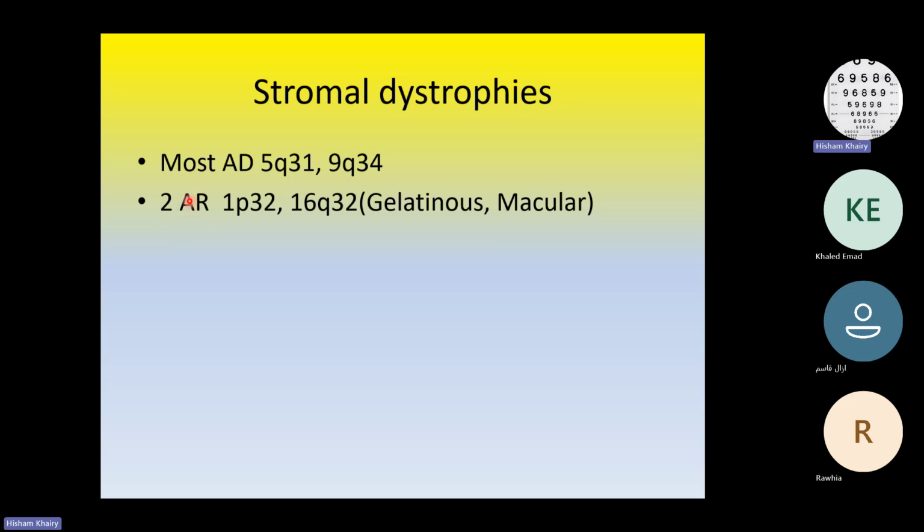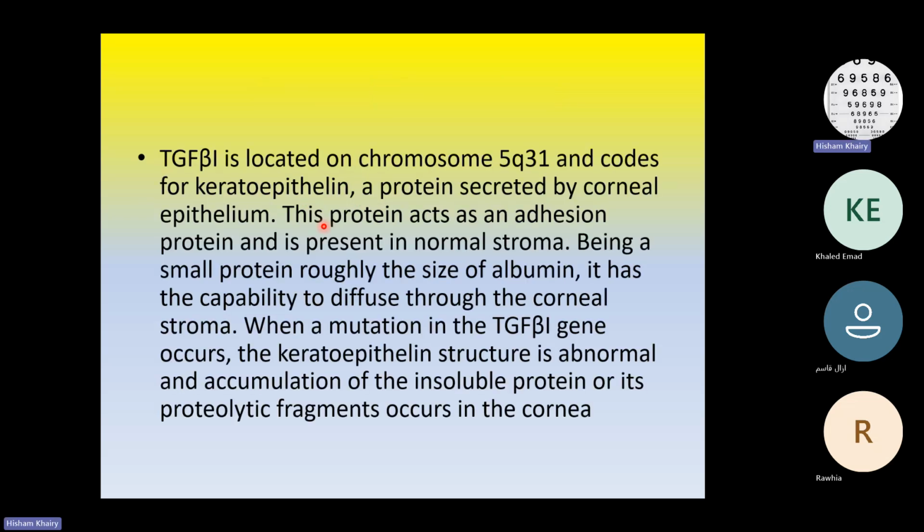The two autosomal recessive ones are gelatinous and macular dystrophy, and these are the chromosomes associated with them. So what is TGF beta 1?